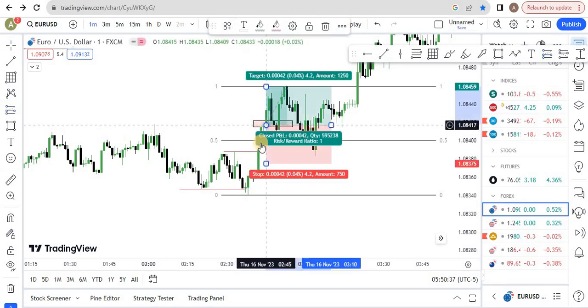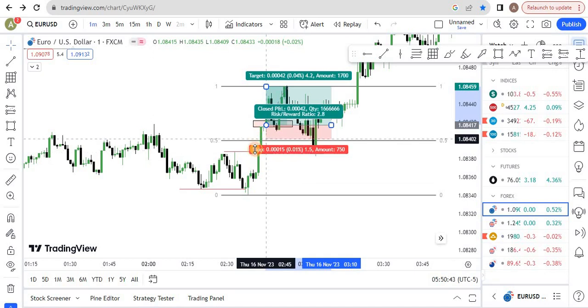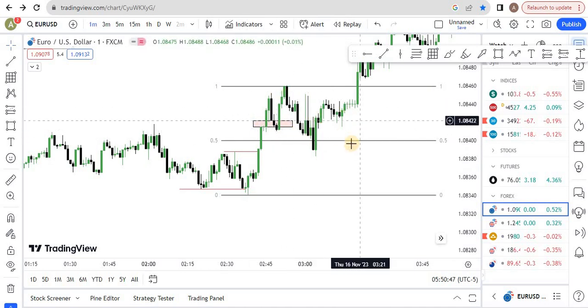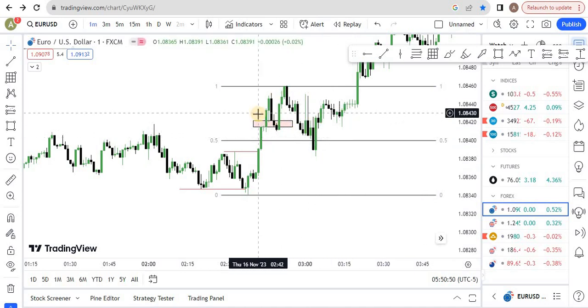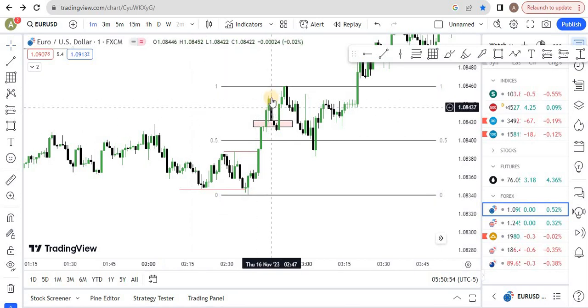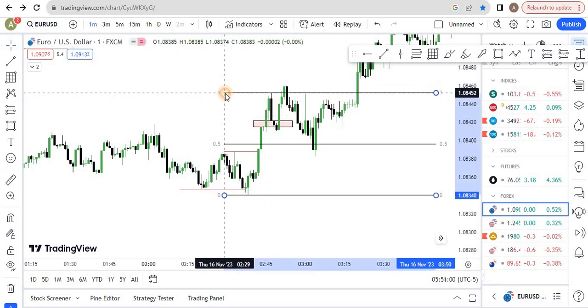For example, if we take entry from this fair value gap, we put it here or here, but many times we get stopped out. Why? Because this is a premium area and we should not trade here. First of all, this is our swing high, because the third candle did not break, so you can mark it like this as well.